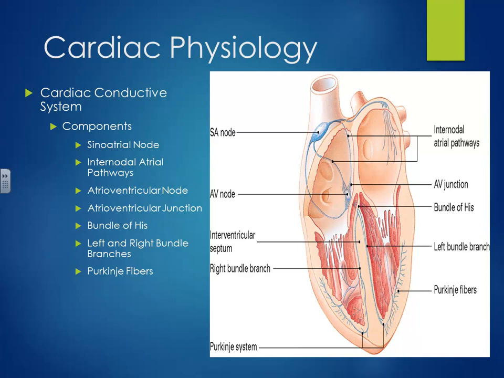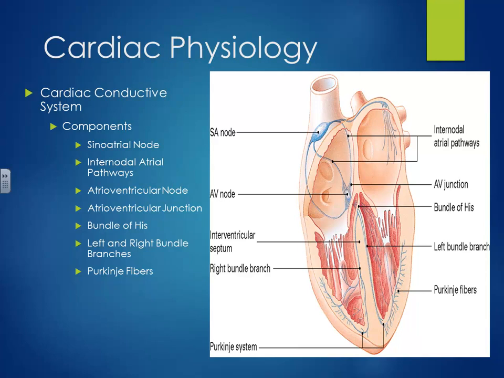Your right bundle branch is going to be focused on your right ventricle, and the left on your left ventricle. But they're just single pathways, so they're not going to wrap all the way around the heart. So what picks up after that? The old Purkinje fibers.